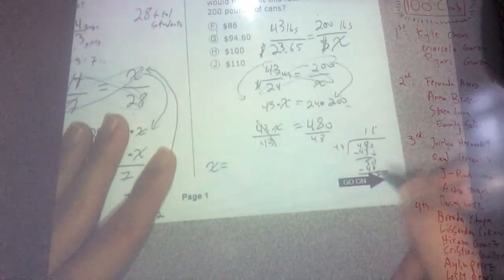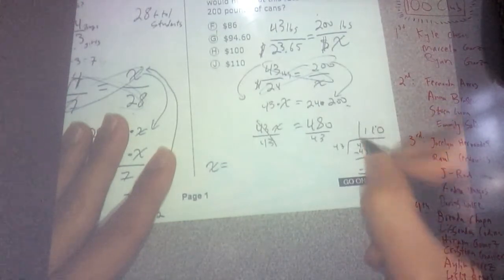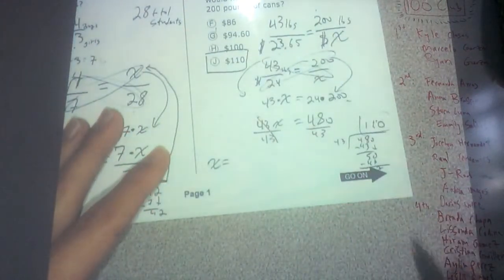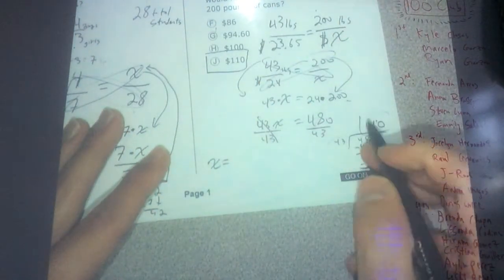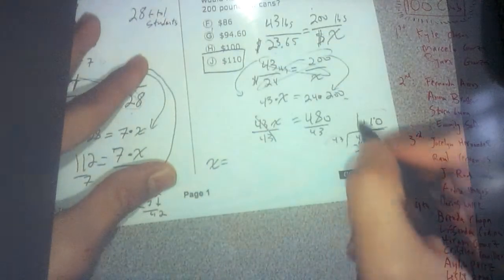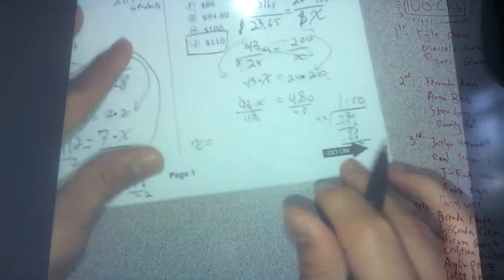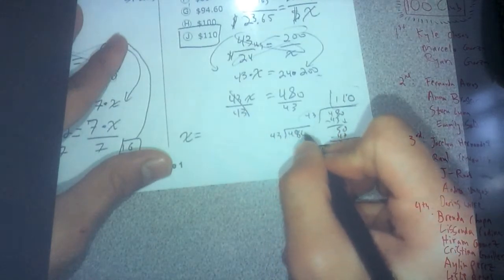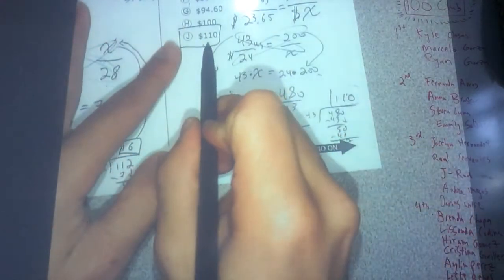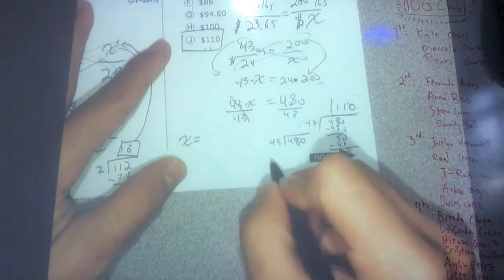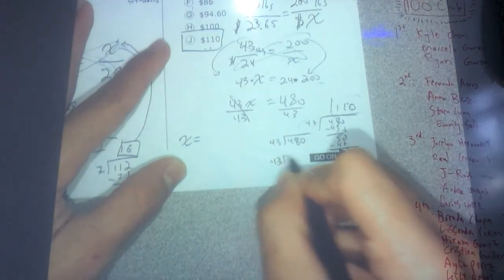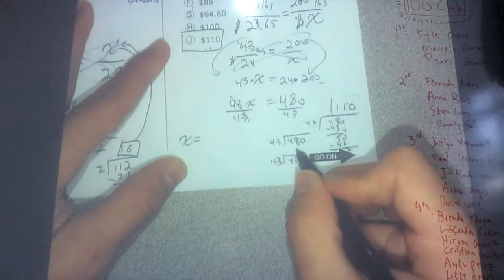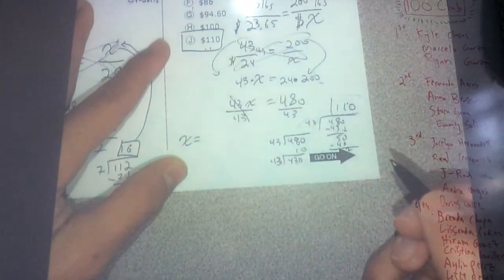So the answer is going to be J, 110. This division will give me 110, or around 110. Another way that I can look at this division is, how many times does 43 go into 480? I know instantly it's going to be about 110, because 43 goes into 430 10 times.